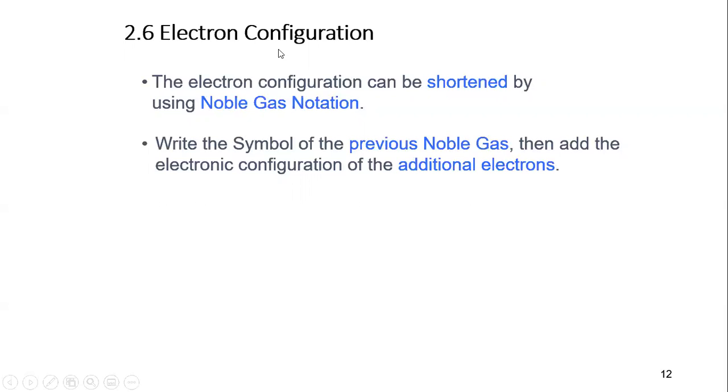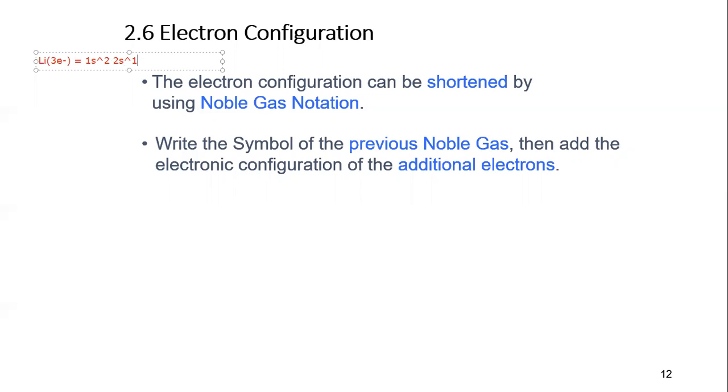we looked at lithium. Lithium is 3 electrons. The electron configuration is 1s2, 2s1. And now if you look at the periodic table, you'll notice that the preceding noble gas to lithium is helium.